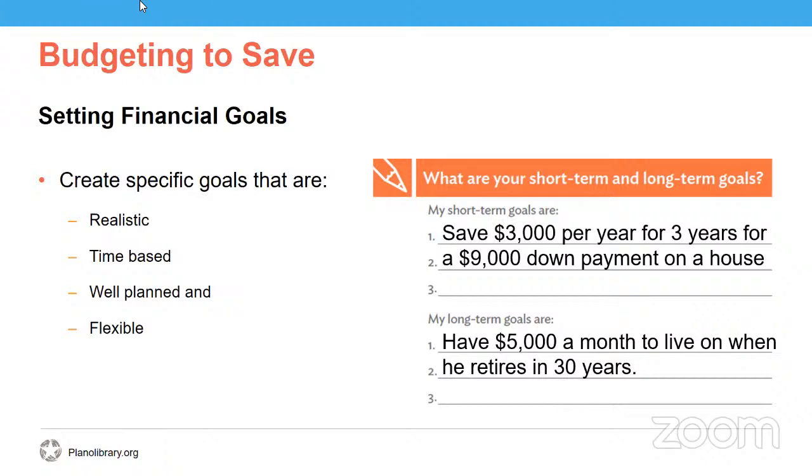You can set those time frames; that's really up to you, but generally short-term is ballpark 1 to 5 years, maybe 1 to 3 years, and long-term is anything beyond that period. So anything that takes you longer than 3 or 5 years to accomplish.